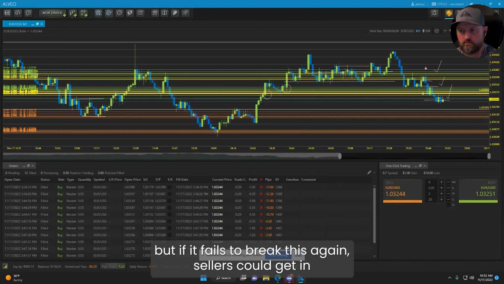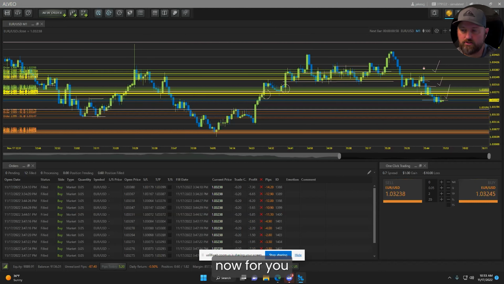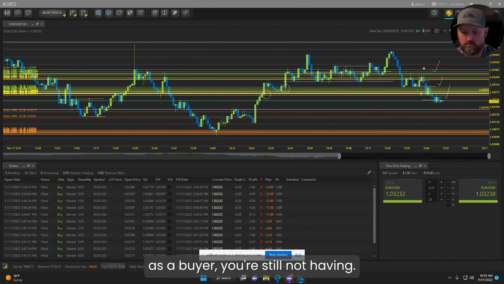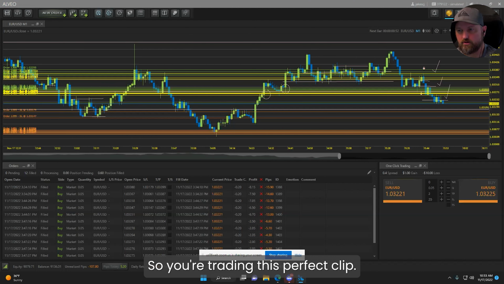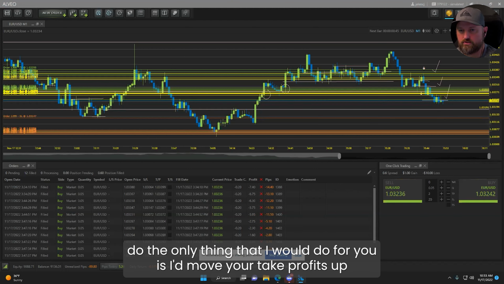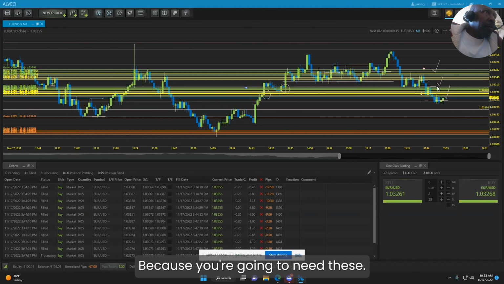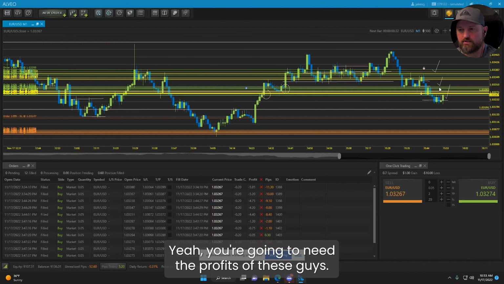All right. So I wish I could draw, but if it fails to break this, again, sellers could get in and push it down to this action point where your white line is. Yeah. Now for you as a buyer, you're still not heavy. So you're trading this perfect, Cliff, as a buyer. The only thing that I would do for you is I'd move your take profits up to the top of that blue, to the next blue line, because you're going to need the profits of these guys.